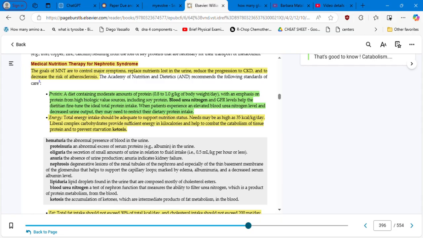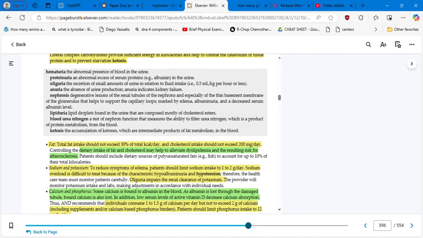And we already reviewed the ketosis definition when we were studying diabetes, right? So here are a few terms to refresh: hematuria, proteinuria, oliguria, anuria, nephrosis, lipiduria, blood urea nitrogen, and ketosis, the accumulation of ketones, which are intermediate products of fat metabolism, in the blood. Okay, and usually this happens more in diabetes type 1, right? But it could happen also in type 2.